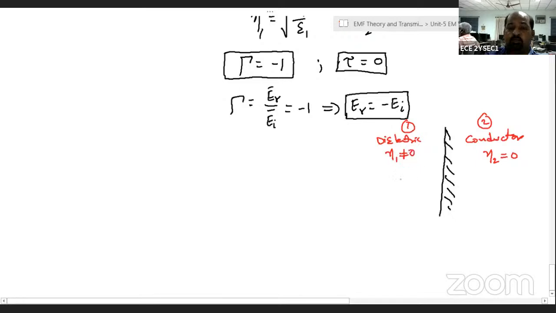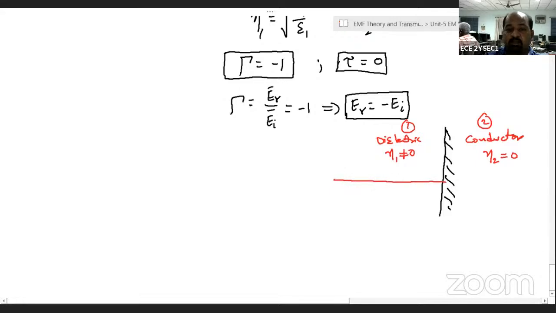In this case, the reflection coefficient is minus 1. That means the entire wave reflects back.